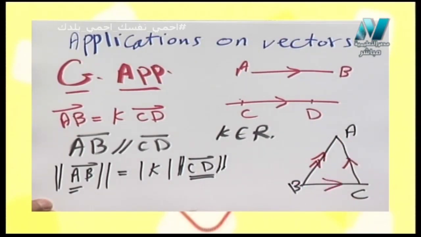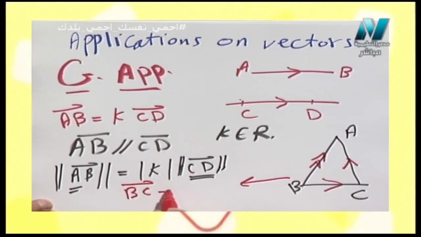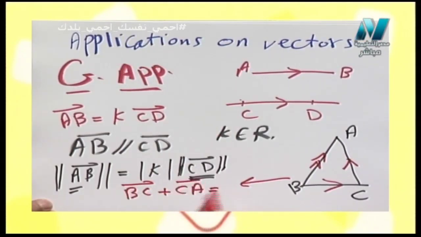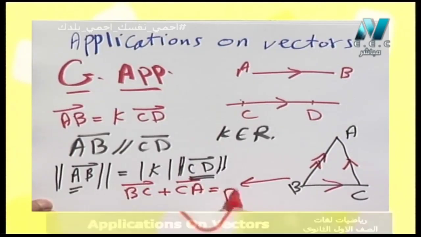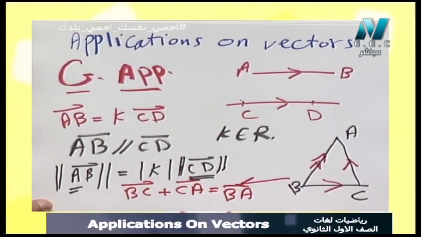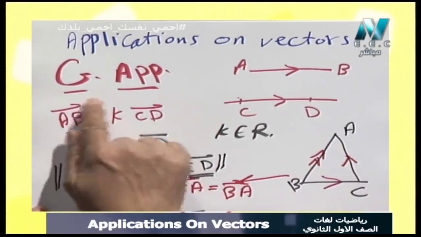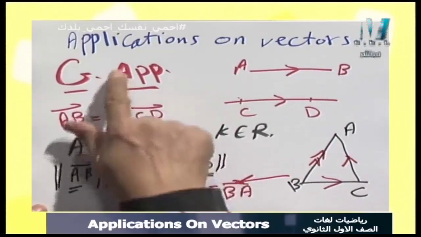So we write from this the vector BC plus the vector CA equals the vector BA. Okay, these are the two basics that we will depend on for geometrical applications on vectors.